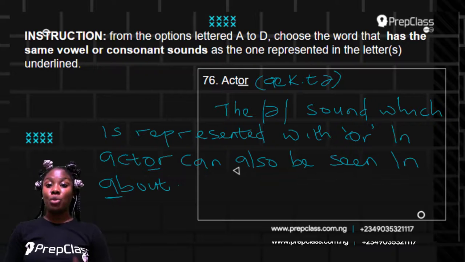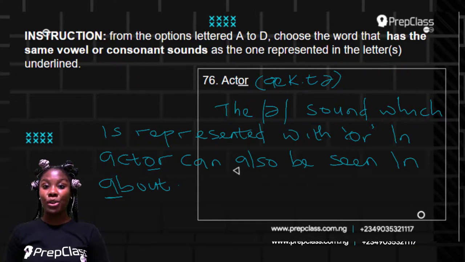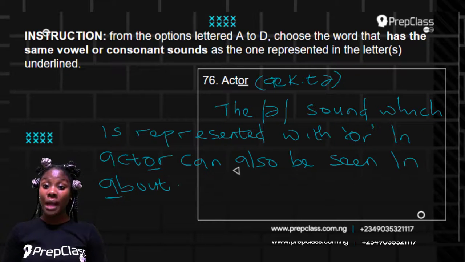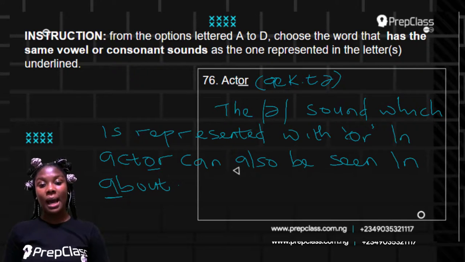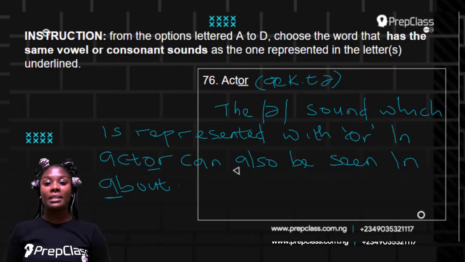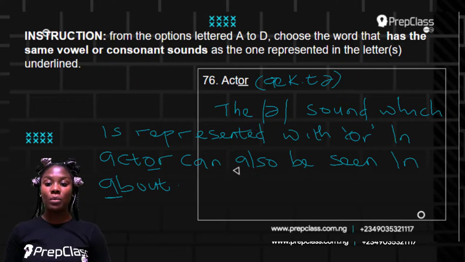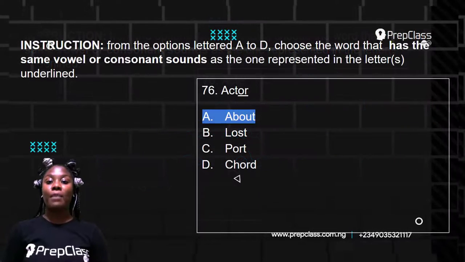The sound represented with the OR in the word actor is also found in about. Actor, about; they have the same sound.